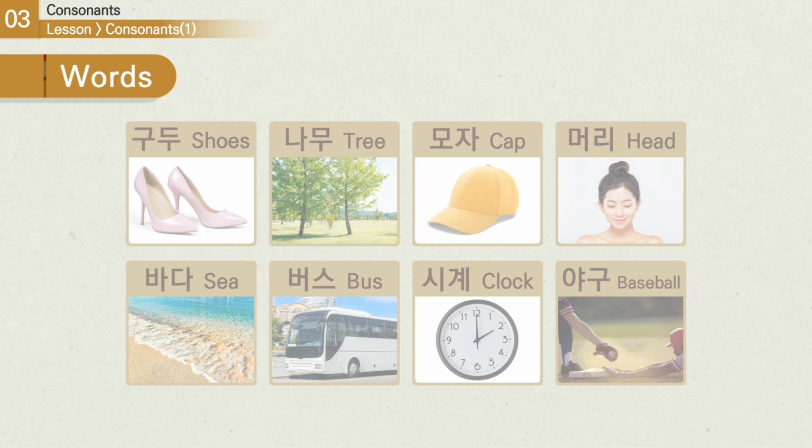Next, let's try reading some words that use the characters we have learned about so far.